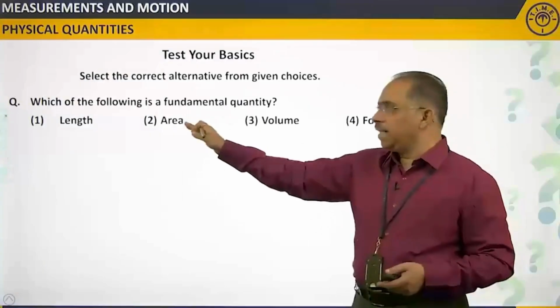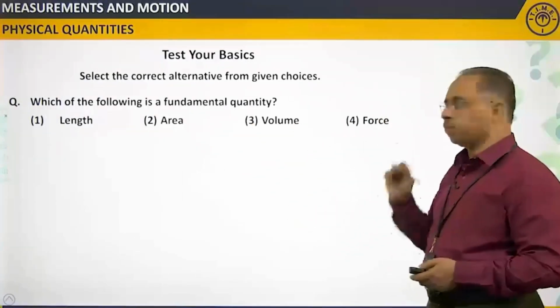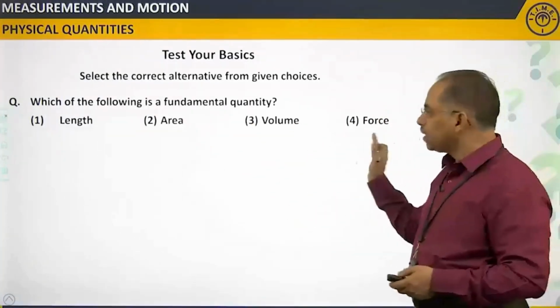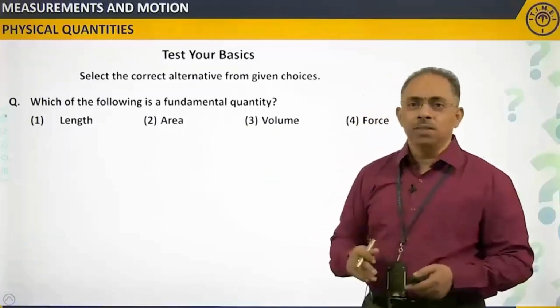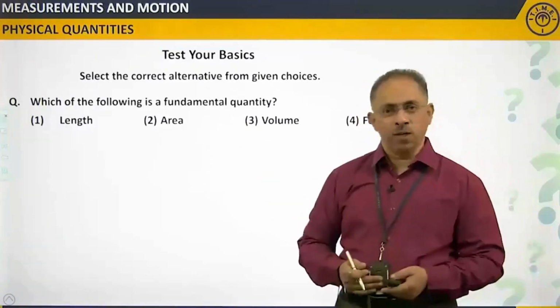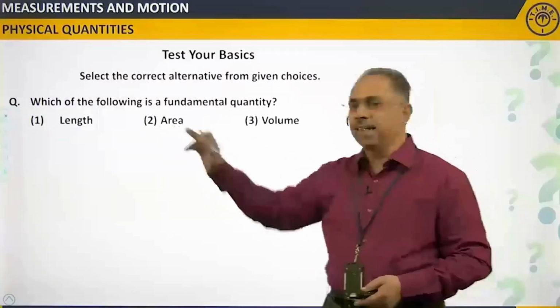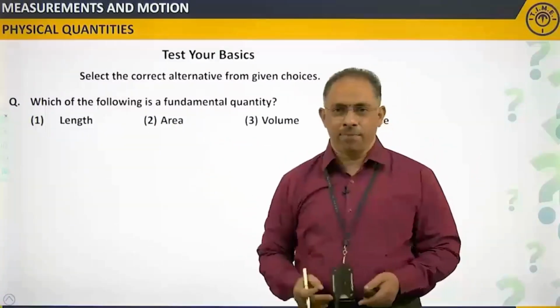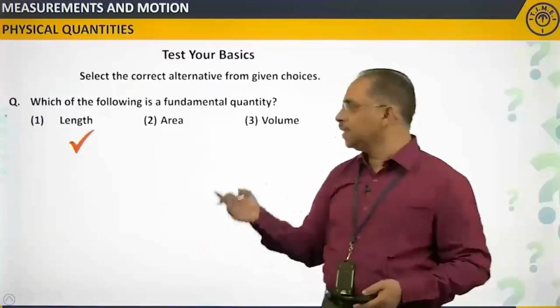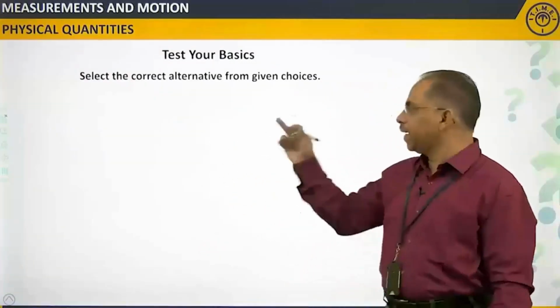Simple. Area, volume, force: to measure all these 3, we need to depend on some other physical quantities. Whereas length, we will measure directly. So, what is the answer? Obviously, it's length.